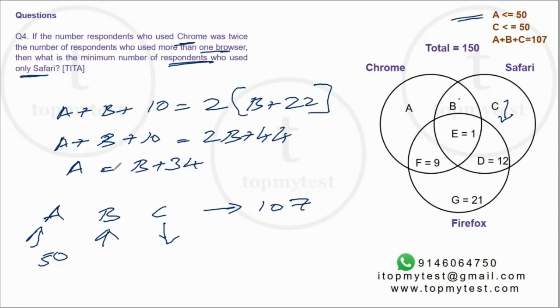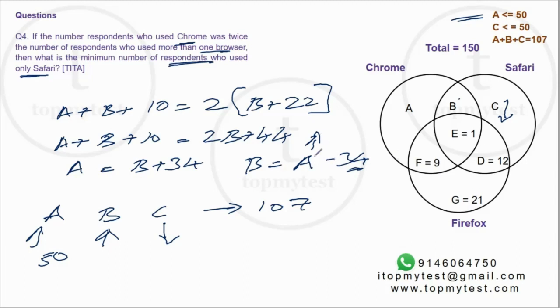Now the other constraint with B is B should be equal to A minus 34. So to increase the value of B, I need to increase the value of A. I cannot change this 34. So if I put A as 40, B will be 6. If I put A is equal to 45, B will be equal to 11, and so on. Right?